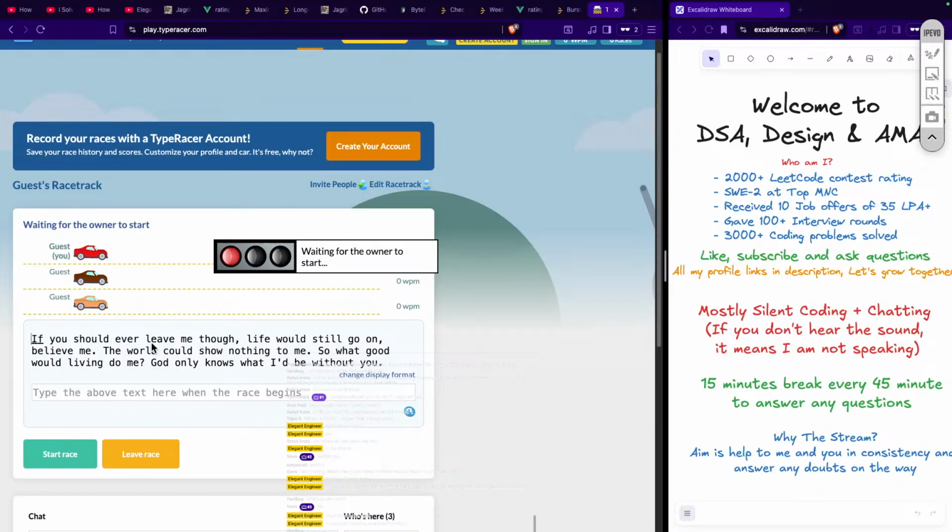Yeah, one more. We'll wait for a couple more minutes. Otherwise, 3 are also good enough. By any means, I am not a good typer, guys. My RPM should be around 50, 60. On a good day, it touches 70.